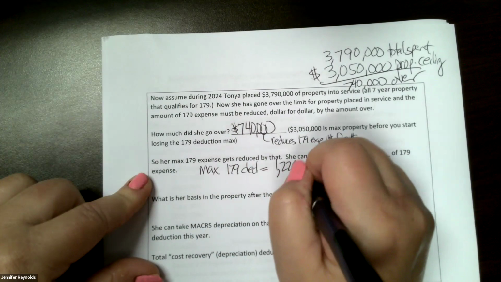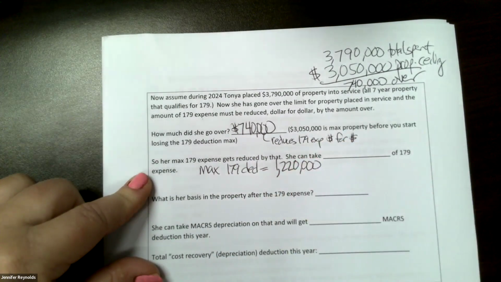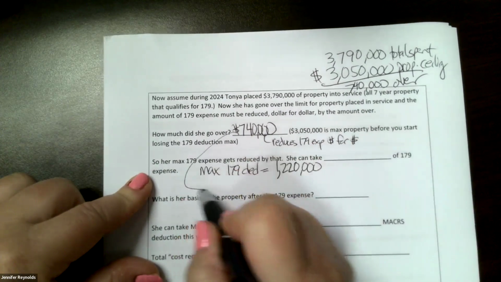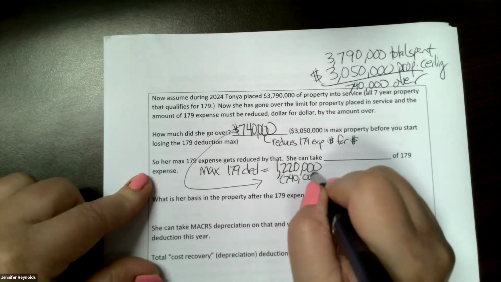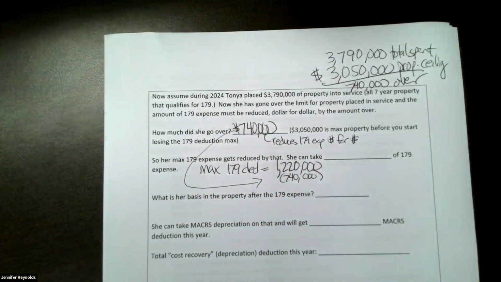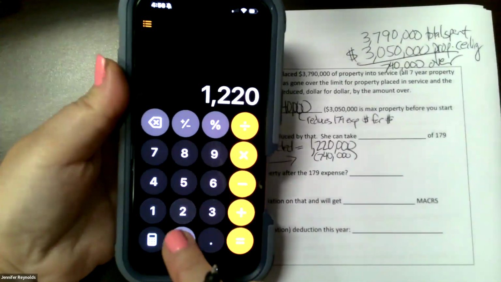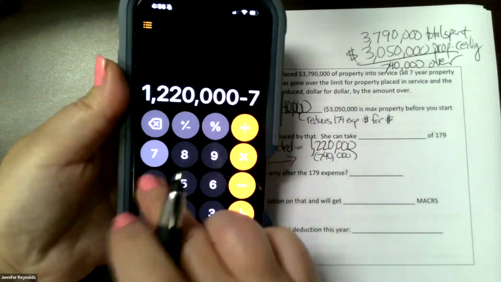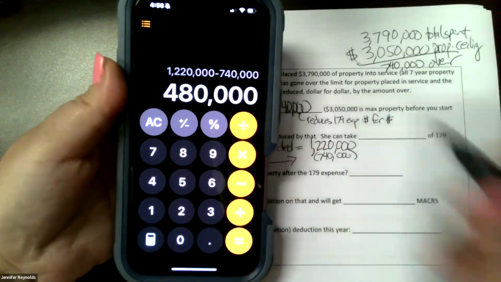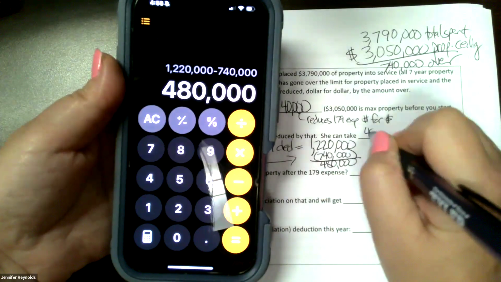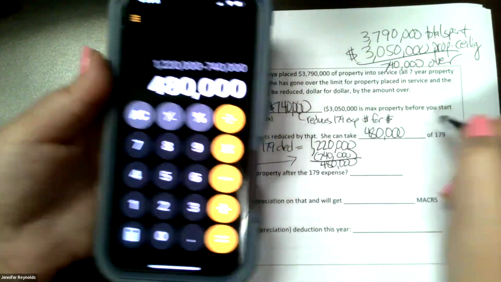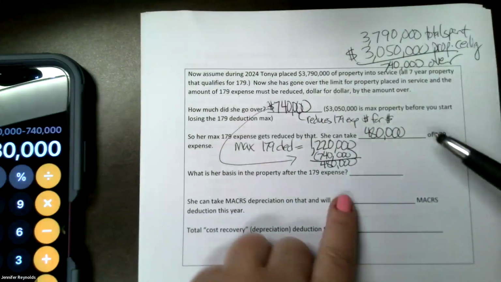Yeah, $1.22 million. It gets reduced by $740,000. So how much can she take? 1,220 minus 740. She can take 480,000 of 179 expense this year.